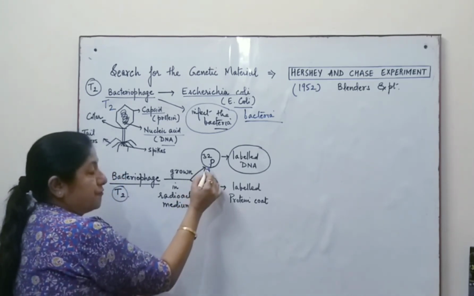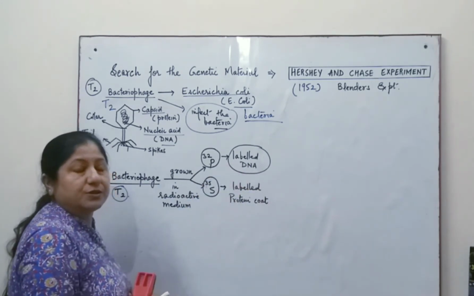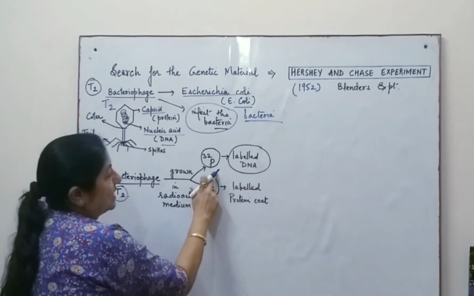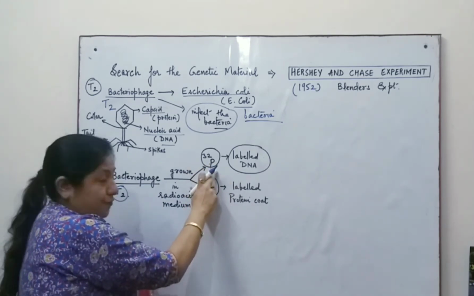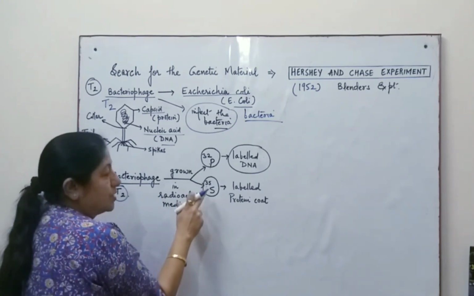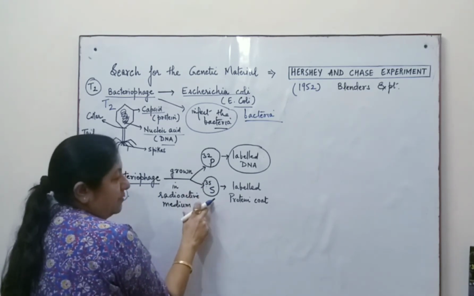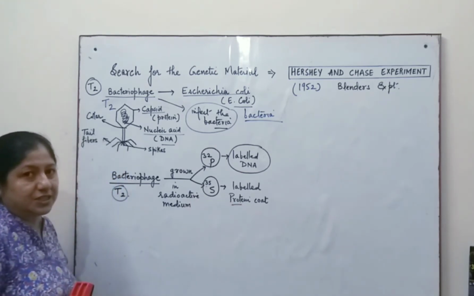Phosphorus was used because phosphorus is found in DNA, so the DNA was labeled with radioactive phosphorus, and the protein coat was labeled with sulfur because protein has sulfur content in it.